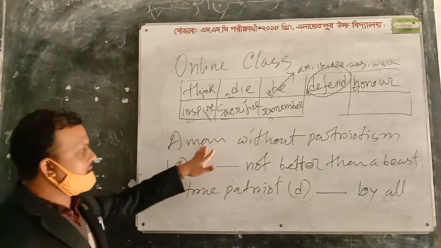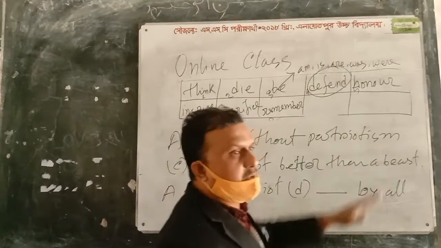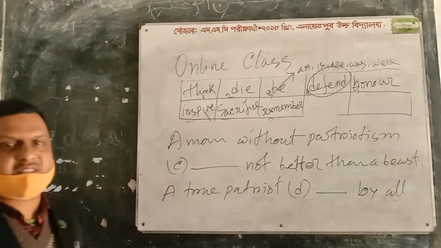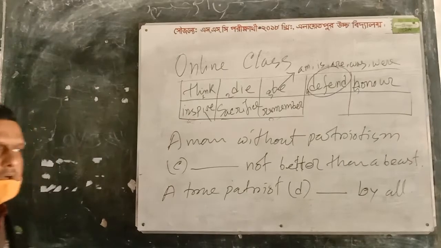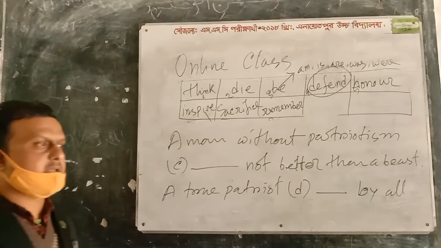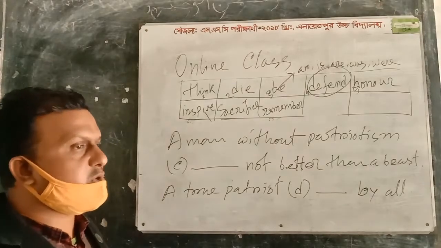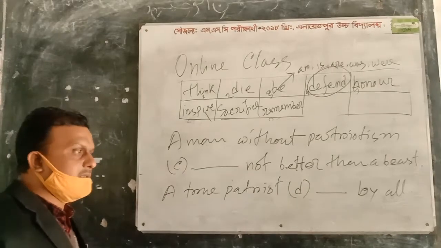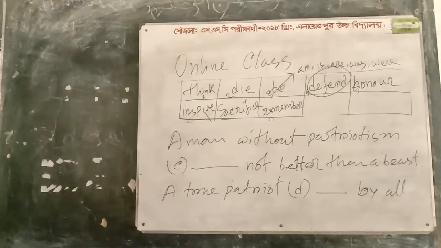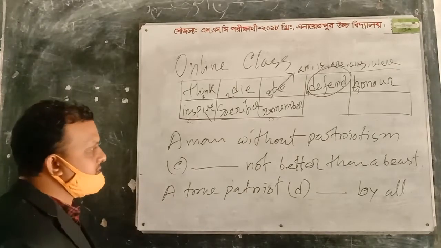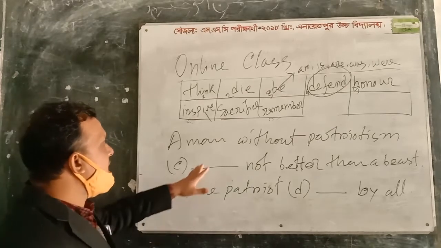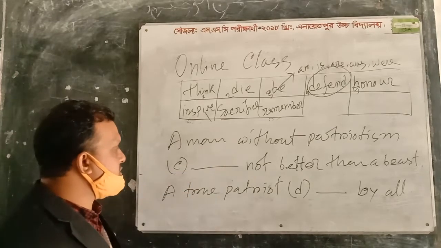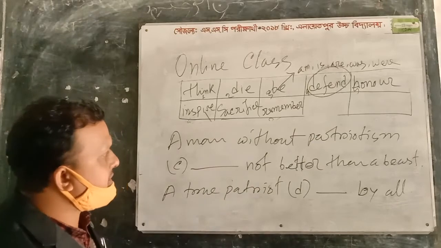So here, a man without patriotism. If you think, a man without patriotism is not a perfect man. He is not supporting his country. He is almost against his country, he is opposite of his country. So if you think a man without patriotism is not better than, I mean B verb, you can use B verb.